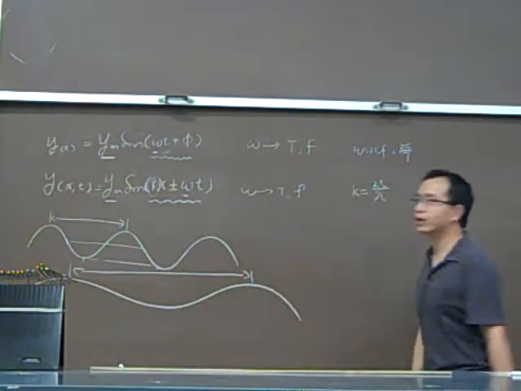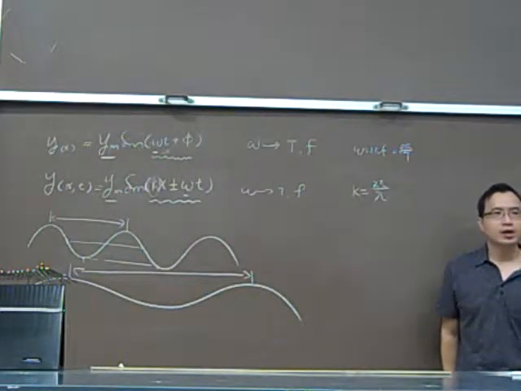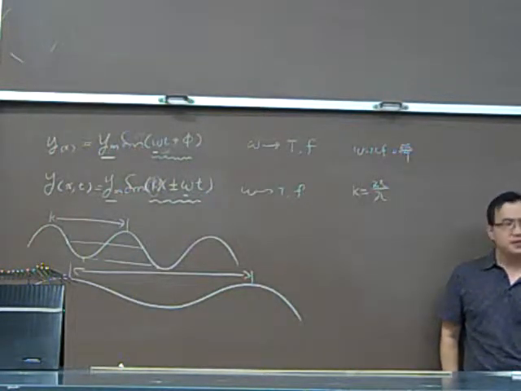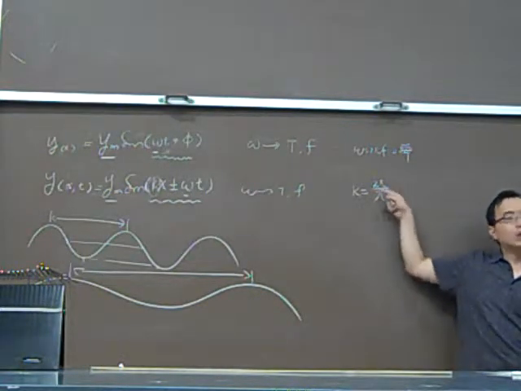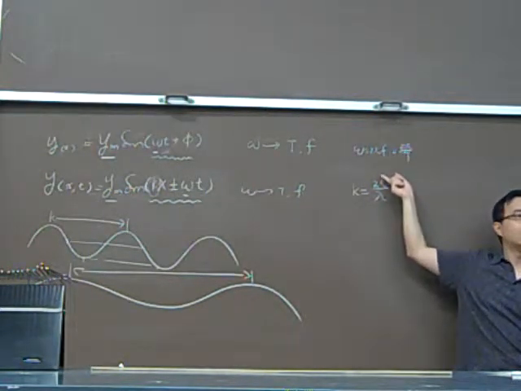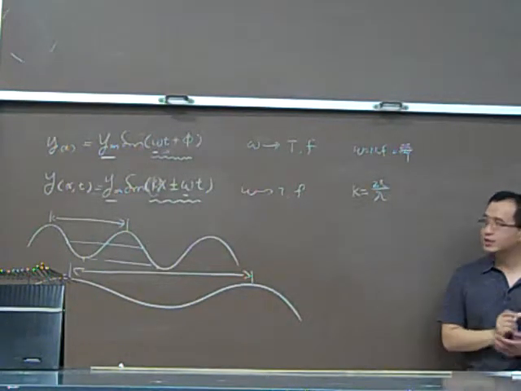K equals 2 pi over lambda. So k is the reciprocal of the wavelength multiplied by a constant, 2 pi. So it's proportional to the reciprocal of the wavelength.